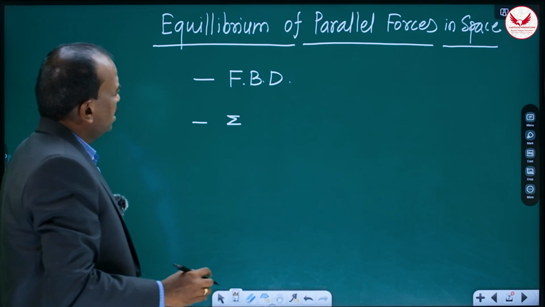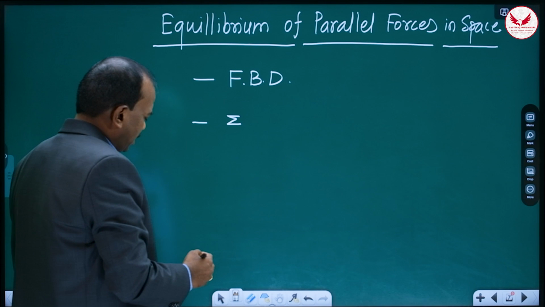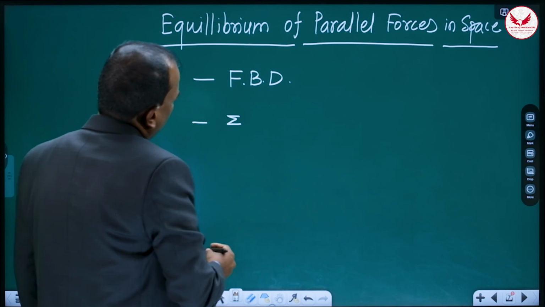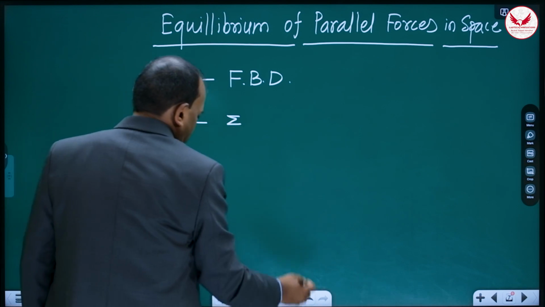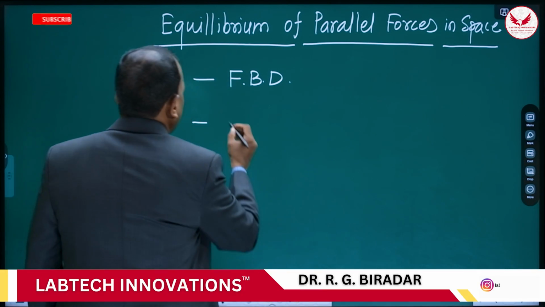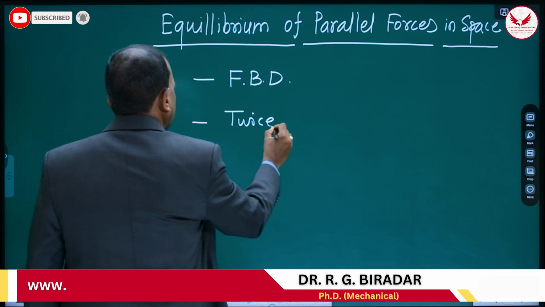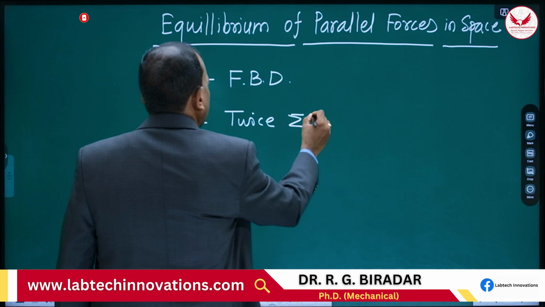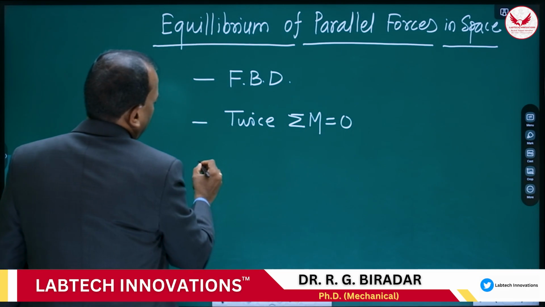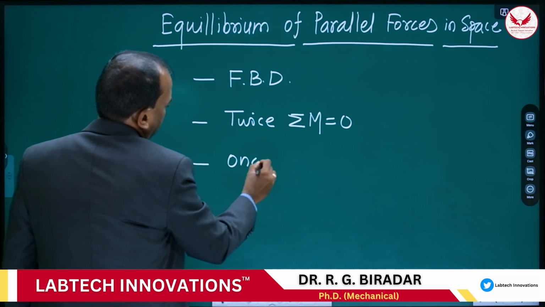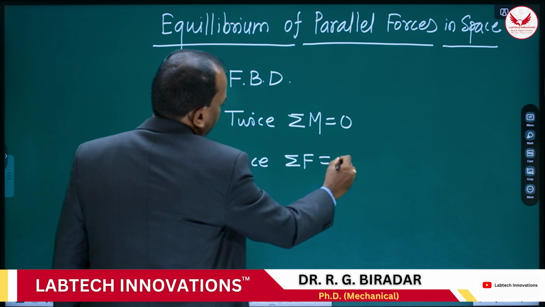the conditions of equilibrium. Then how we'll be using these conditions of equilibrium? Twice summation M is equal to 0, and then once summation F is equal to 0, we'll get the answer.